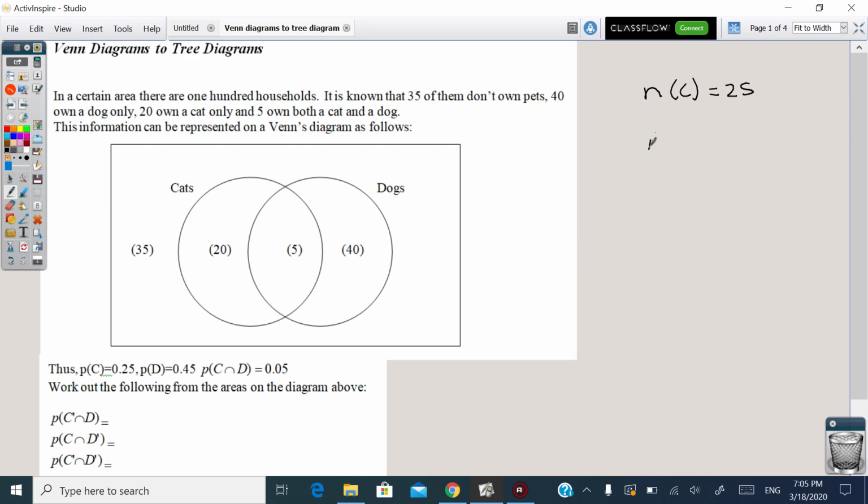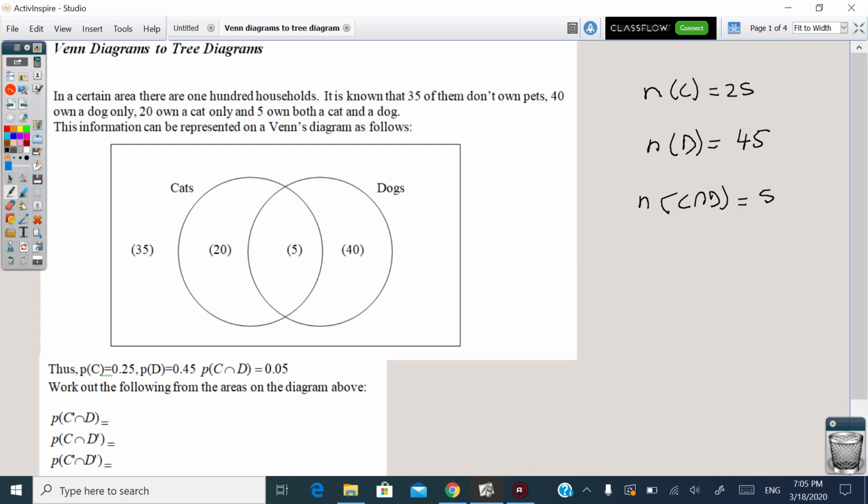And similarly, the number of people that have a dog is 45, and the number of people that have both a cat and a dog is 5, and so on. So we want to consider asking somebody at random from this area, do you have a cat?